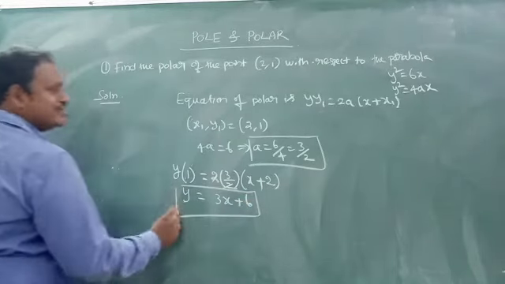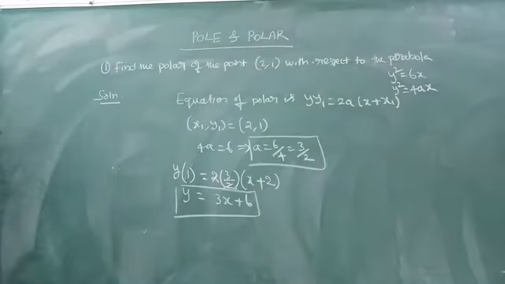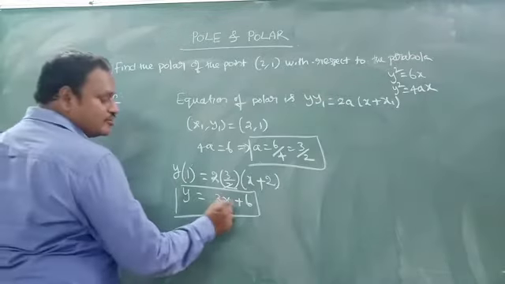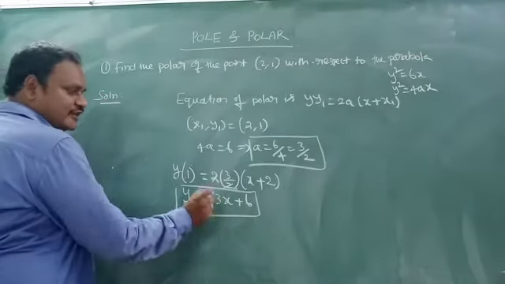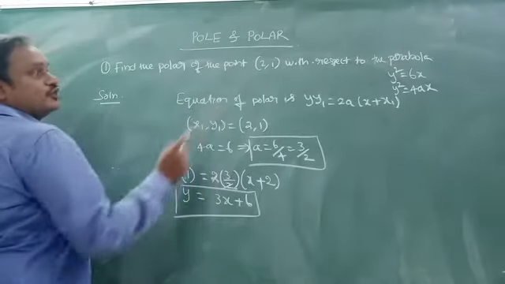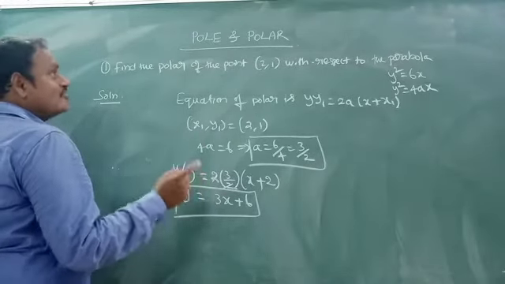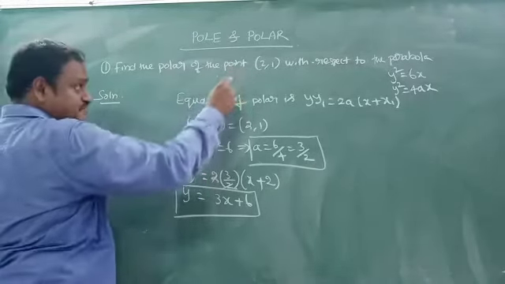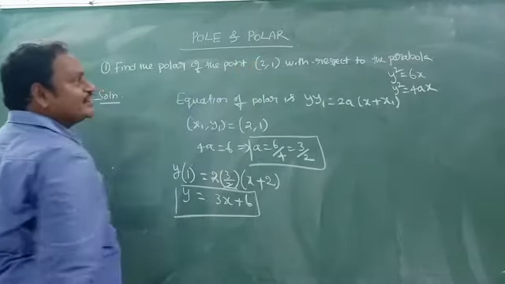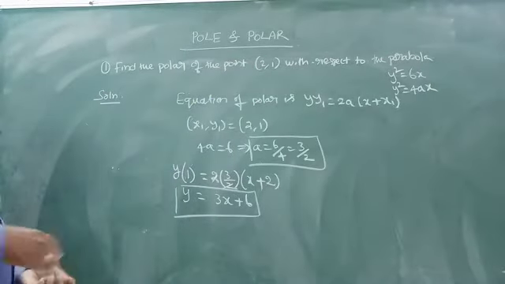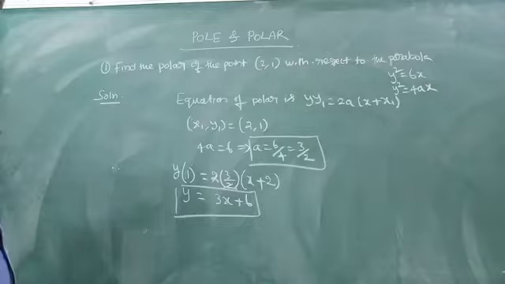This is the equation of the polar. See how beautifully we have got this result, my dear students. Y is equal to 3x plus 6 is the straight line, which is the equation of the polar to the parabola y square equal to 6x with respect to the pole. Here 2 comma 1 is the pole. Fine. Like that we do some other interesting problems.